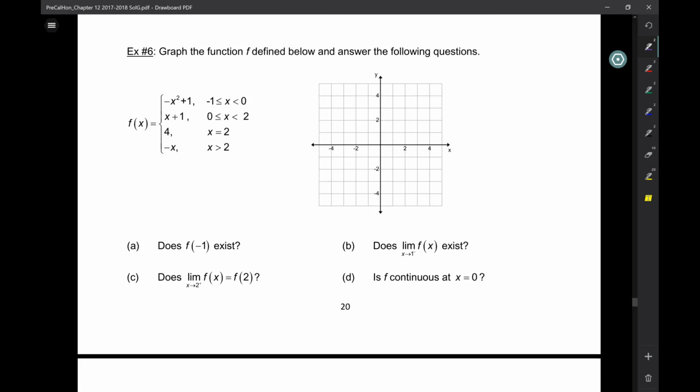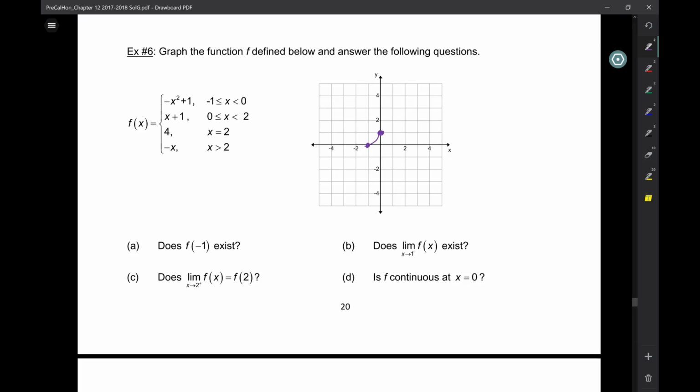I'm going to graph this and answer the questions that follow. So the first one is defined from negative 1 to 0. I plug in negative 1 and I get 0, and that's a closed circle. At 0, this is 1, it's an open circle, and it's a parabola on the inside. From 0 to 2, it's x plus 1. So at x equals 0, it's 1, and it's closed, so we just fill in that open circle.